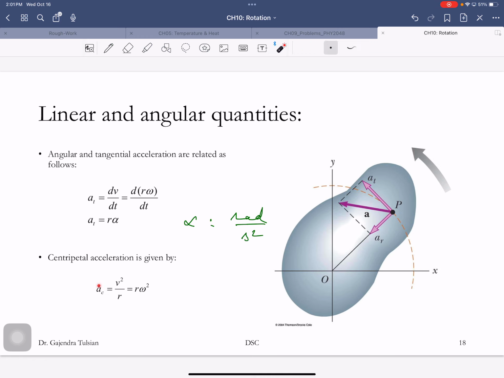The centripetal acceleration is related to the instantaneous angular velocity. What is the angular velocity of this object at this instant? The centripetal acceleration is r omega squared, and the further out you are, the greater your centripetal acceleration.